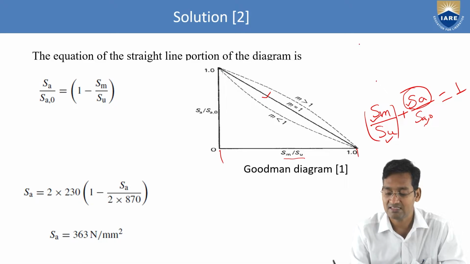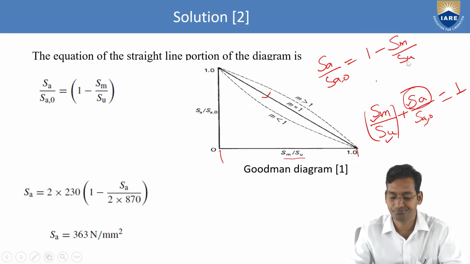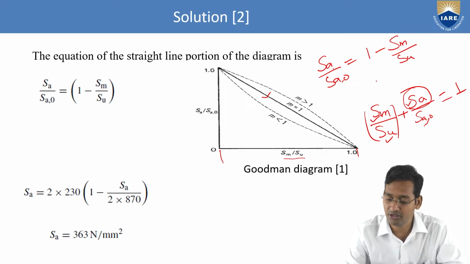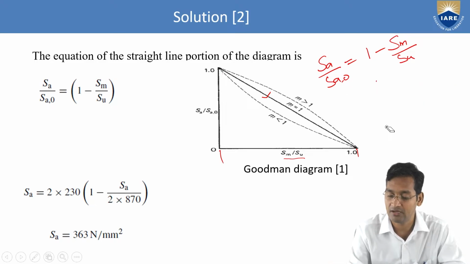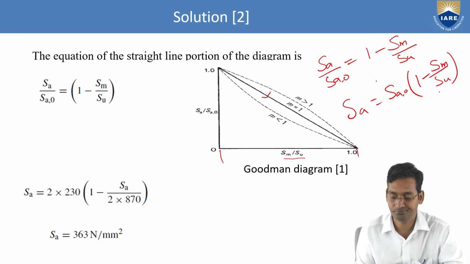So Sa by Sa naught equals 1 minus Sm by Su. From here we can write Sa equals Sa naught into 1 minus Sm by Su.